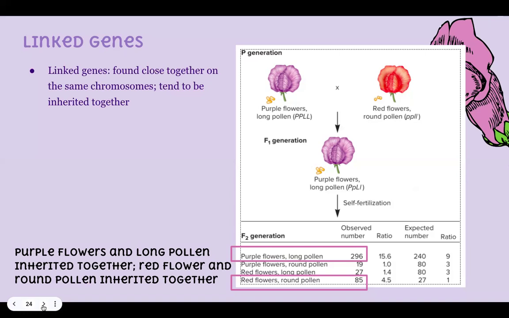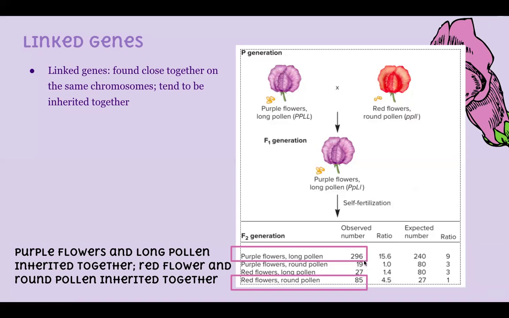And if we look at this picture here, this says purple flowers and long pollen are inherited together. Red flowers and round pollen are also inherited together. And we can see this because when we look at the ratio of how many purple long flowers there are compared to purple round flowers, it's a very extreme difference.